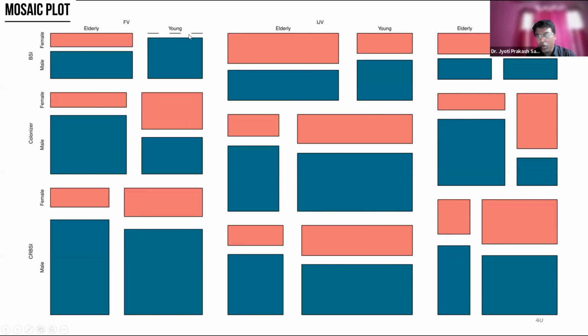And there were no young female participants having BSI who were cannulated through femoral vein. This is 0. That's why dotted. This is a mosaic plot. Just by looking at the area of the box, we can interpret the amount of population there.